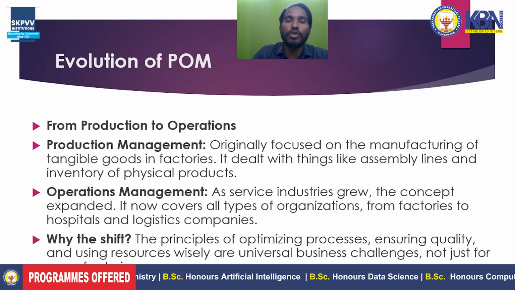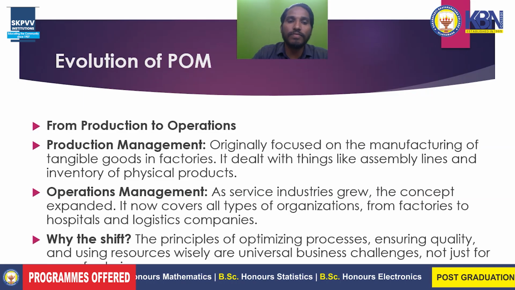Originally, it focused on the manufacturing of tangible goods in factories. It dealt with things like assembly lines and inventory of physical products. Coming to operations management, as the services industry grew, it expanded.